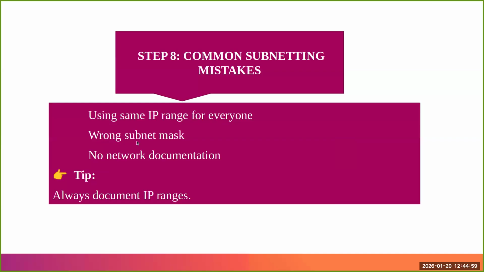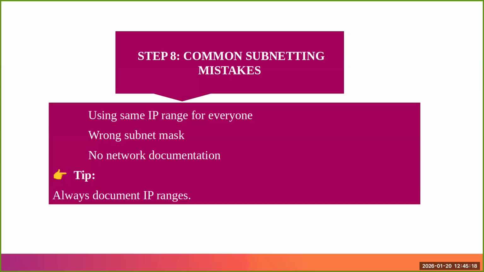Then wrong subnet mask. You are using a different subnet. Then no network documentation. So do your documentation. When you do that, pick up a paper, pick up a document, and document what you have on your router.